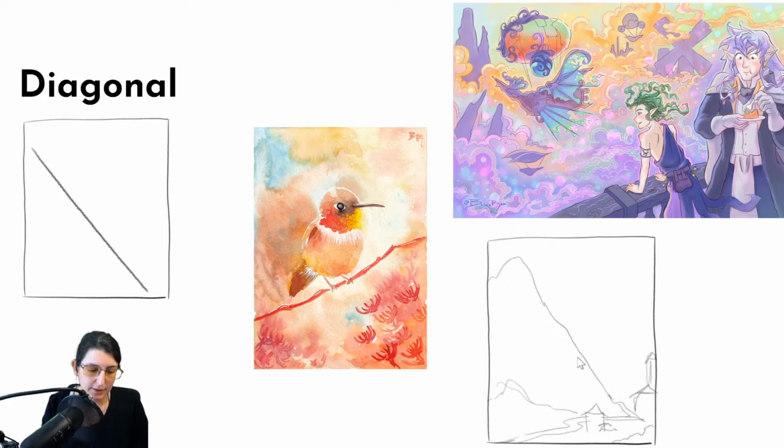I did this quick little sketch of an example of a mountain filling out a diagonal of the piece. And then there's this piece I did here where these two characters are standing on an airship, and this edge of the airship and their position in the airship is creating a diagonal.